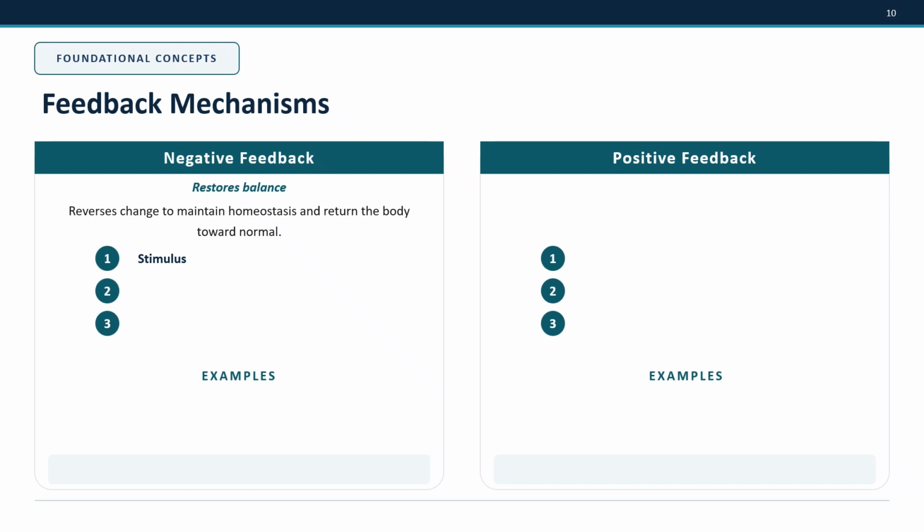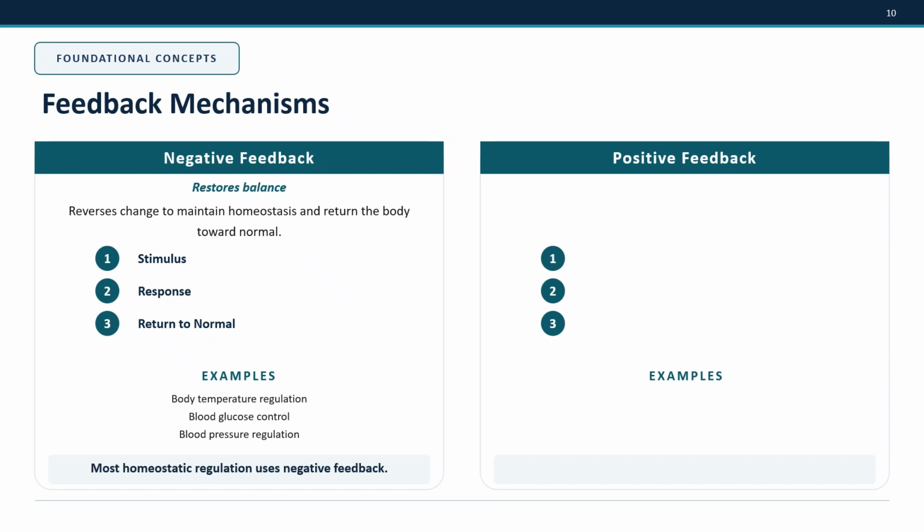So the response is that we are going to start shivering. Hopefully, if that's enough, we can return to normal. So that body temperature will go back to a nice 98.6 degrees Fahrenheit. There are some more examples here. Now, most homeostatic regulation does use this negative feedback principle to regulate that homeostasis.